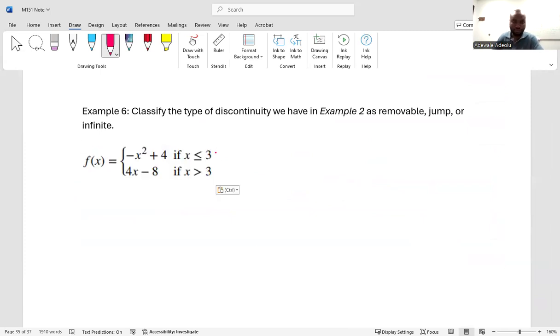We know, because we've already done that, that f of x is discontinuous at x equals 3.